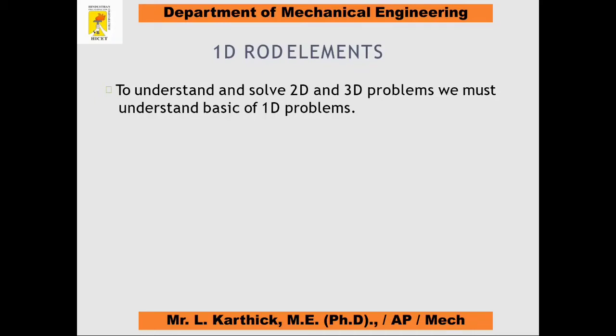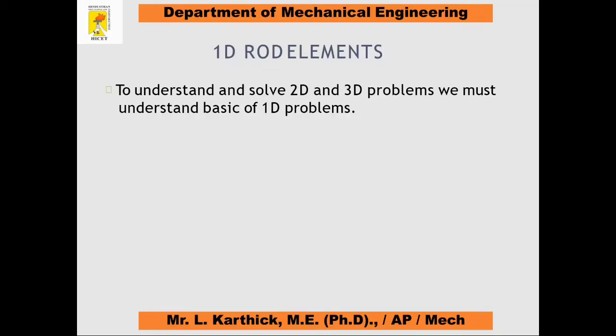The next one is one-dimensional rod elements. Rod elements are bar elements. To understand and solve 2D and 3D problems, we must understand the basic concepts of the 1D problem, because a 2D problem has an initial point of a one-dimensional element. For a one-dimensional element, we have two nodes.